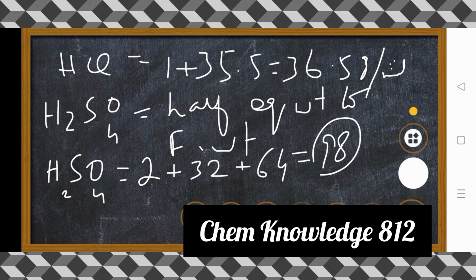So 98 is the formula weight of sulfuric acid. But the formula weight is not the same as the equivalent weight, as in the case of HCl, which has the same formula weight and equivalent weight. In the case of sulfuric acid, the equivalent weight is half the formula weight, which is 98 divided by 2, equal to 49.